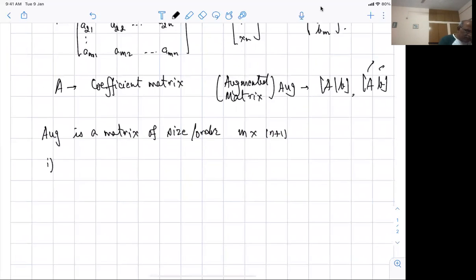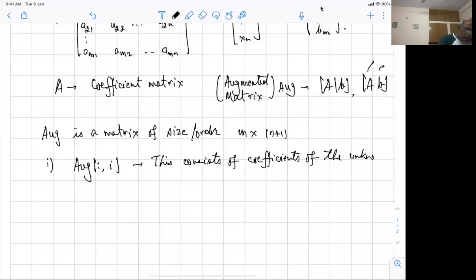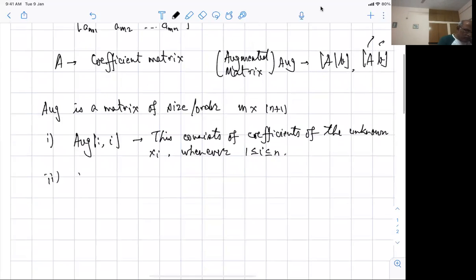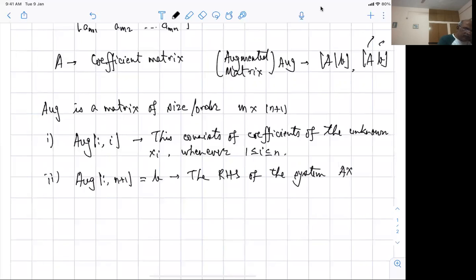So if I look at the ith column here, this consists of the coefficients of the unknown xi whenever 1 ≤ i ≤ n, because n+1 corresponds to B. Look at the (n+1)th column of the augmented matrix: this is nothing but B, the RHS of the system Ax = B.